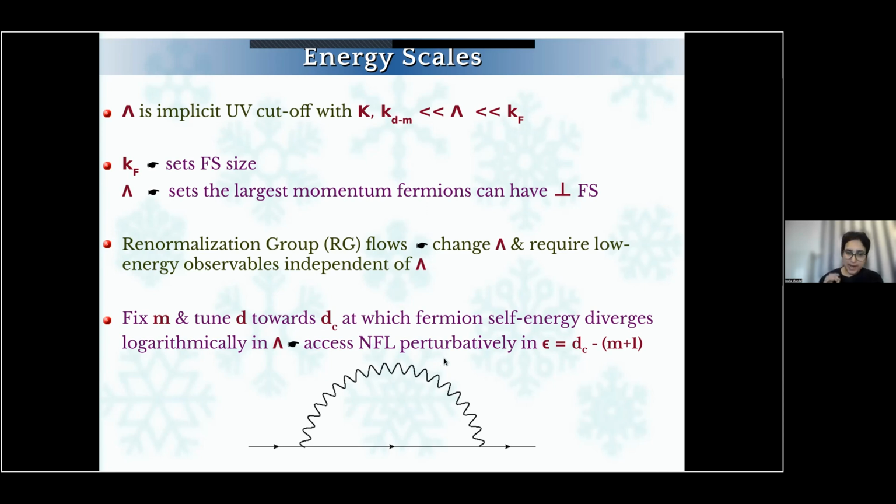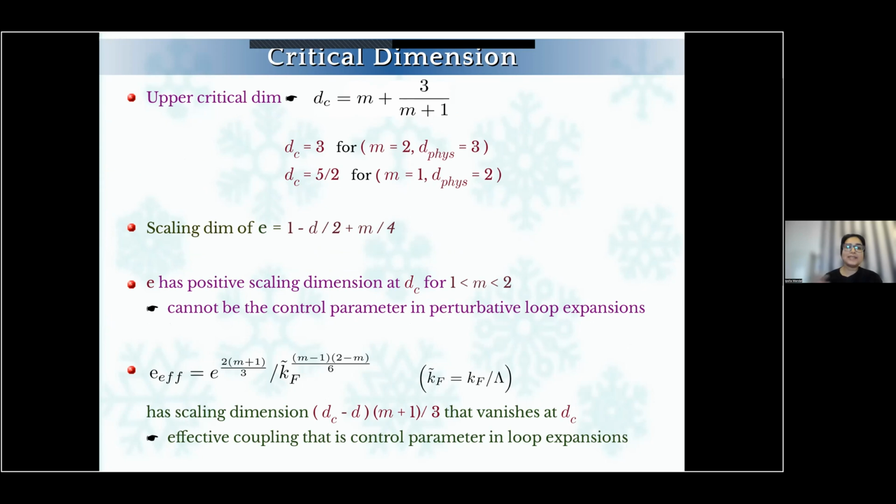In this way, by identifying DC, we can access the non-Fermi liquid perturbatively in the small parameter epsilon, which is the difference between DC and the physical dimension. And remember, the physical dimension is M plus 1, because we are considering an M-dimensional Fermi surface and there is a direction perpendicular to the Fermi surface. By employing this method, we could identify the upper critical dimension, and it gave us the value (M+3)/(M+1).